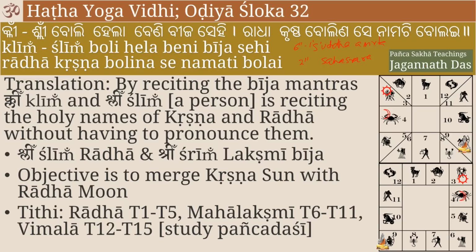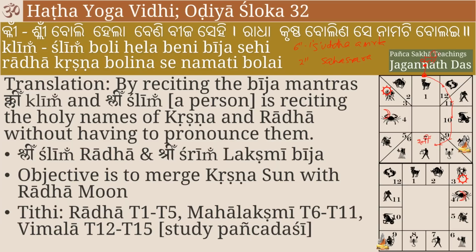It will come from top over here, somewhere out here, and it will come to the Sahasrara out here. Then it will go like this. In the reverse path, you see, it will go like this. And this is Shlim. Whereas Klim is here. Do you see that? This is how it has to go.